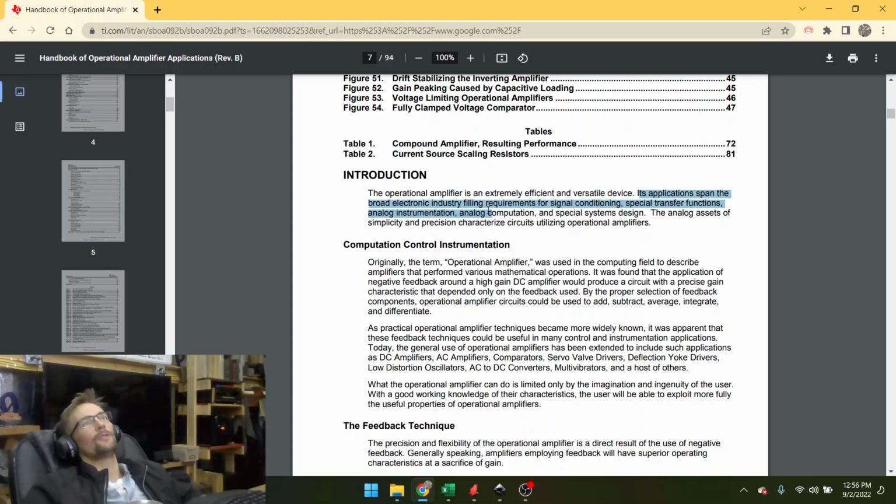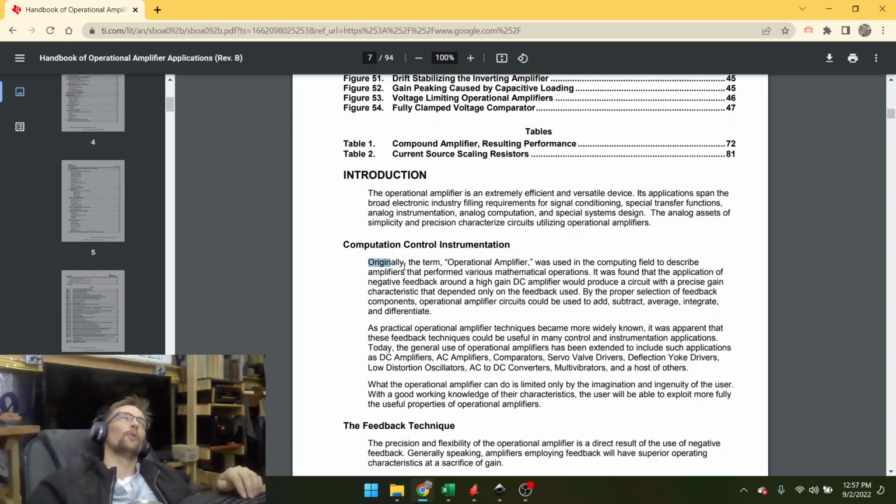Its applications are broad, with simplicity and precision that make us feel good. And then this, computation, control, instrumentation. Originally, the term... wow, okay guys, I did not know this. Or I didn't remember it. No, I don't think I ever knew this. I don't think anybody ever told me this.